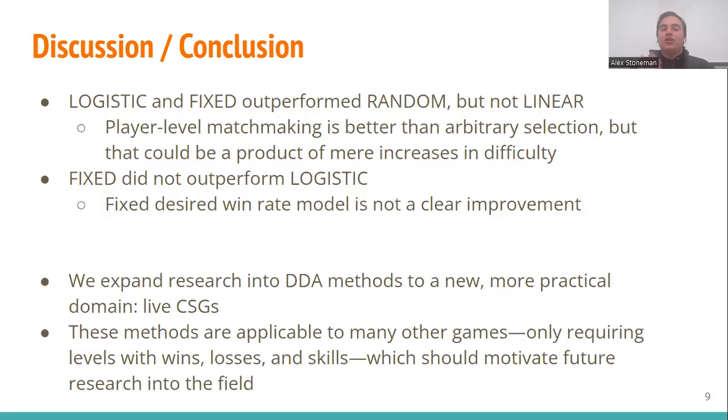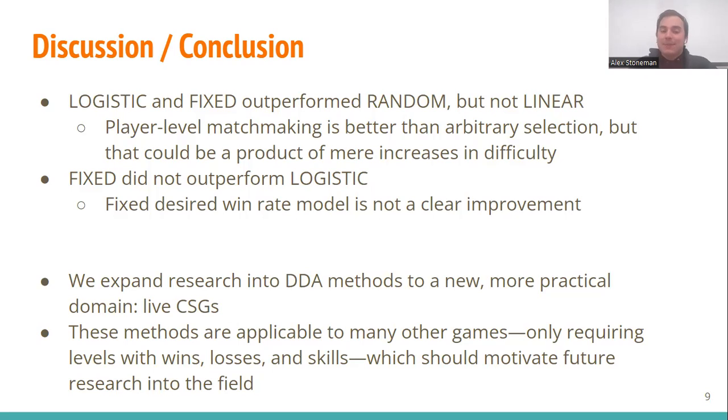And we found that logistic and fixed conditions outperformed random, but not linear. So that showed that player-level matchmaking is better than just random arbitrary level selection, but that could have just been a product of mere increases in difficulty that are inherent to the logistic and fixed player-level matchmaking. And we also found, contrary to what we expected, the fixed condition did not outperform logistic. So that's just yet another mis-spun tale for the conference, I suppose.